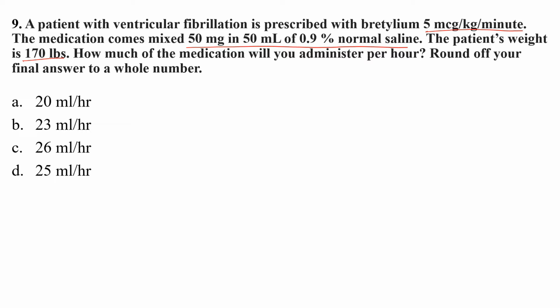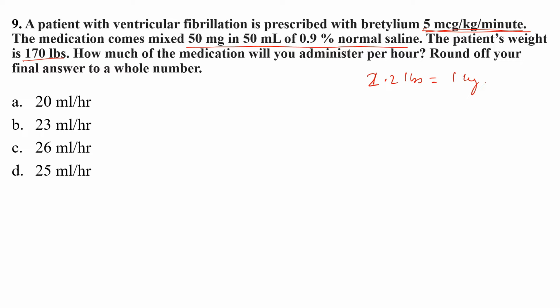So here in the question we find the desired dose is given 5 micrograms per kg per minute, which we have to convert into mg per hour, and the dose in hand is 50 mg in 50 ml, and the weight is in pounds. So we have to convert the weight, that is 170 pounds equal to how much in kg. 2.2 pounds equal to 1 kg.